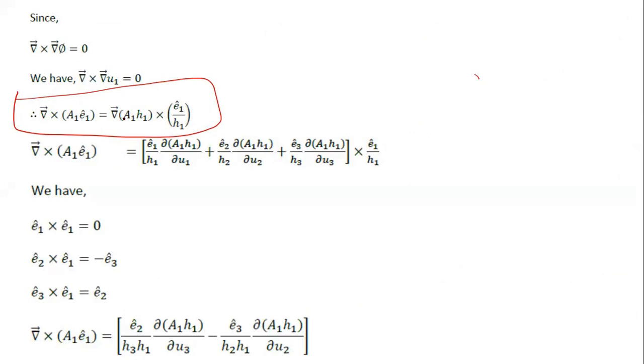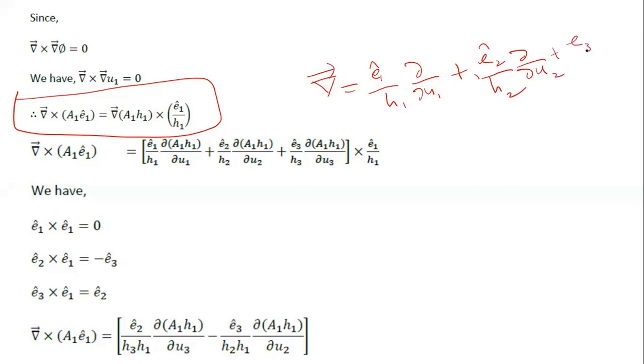And we already know that the del operator in curvilinear coordinate system is e1 cap upon h1 del upon del u1 plus e2 cap upon h2 del upon del u2 plus e3 cap upon h3 del upon del u3.